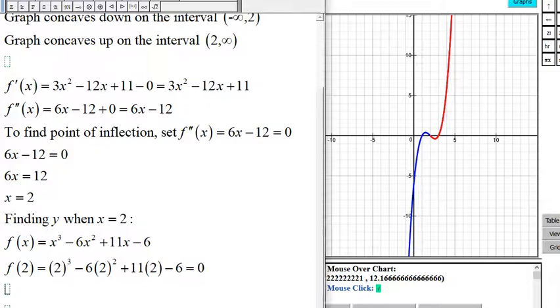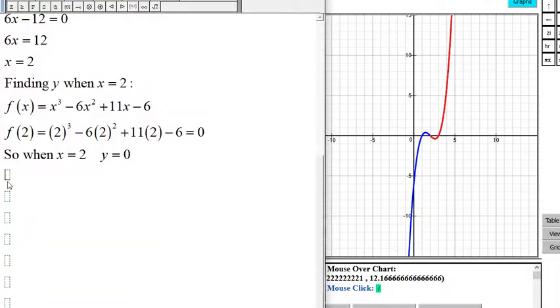So when x is 2, y is 0, and the point (2, 0) is a point of inflection.